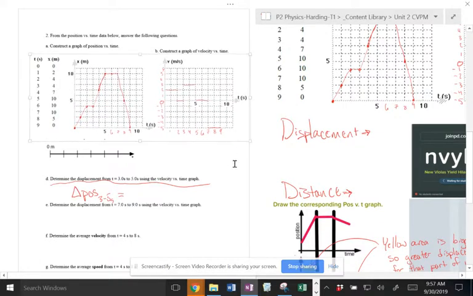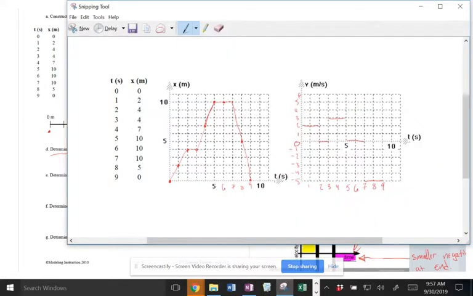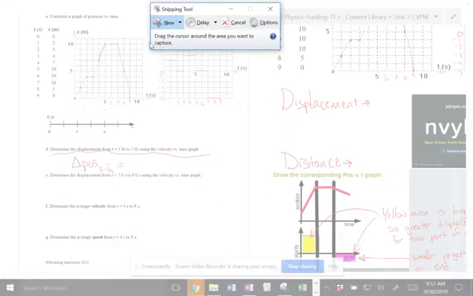Genius. There we go. 45 and 42 on 45. Good job.